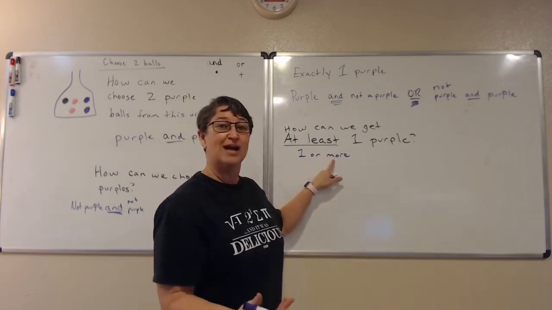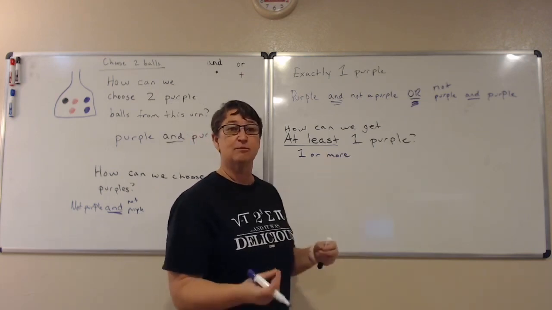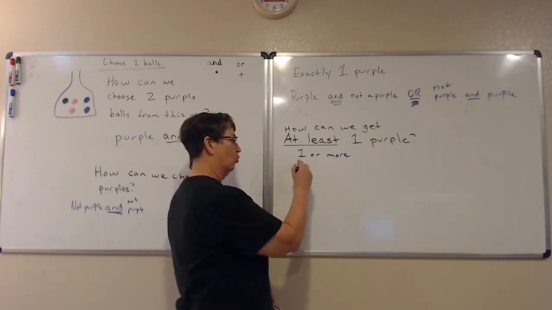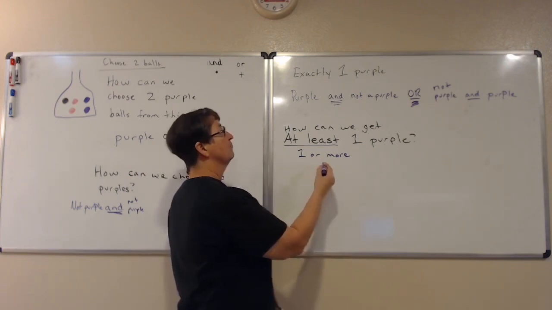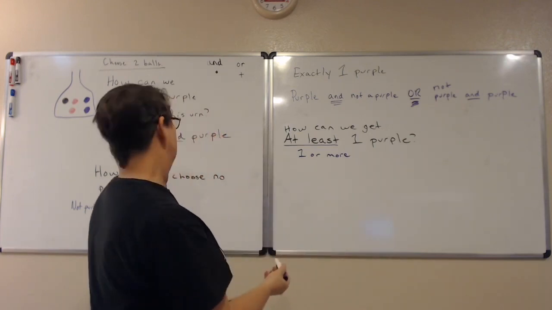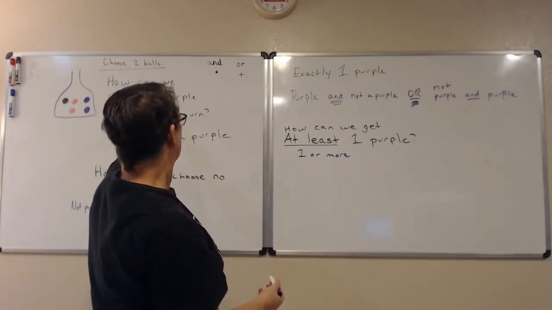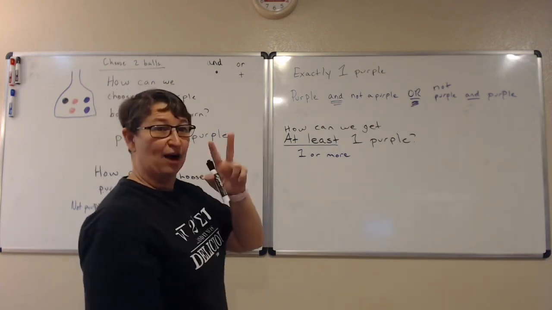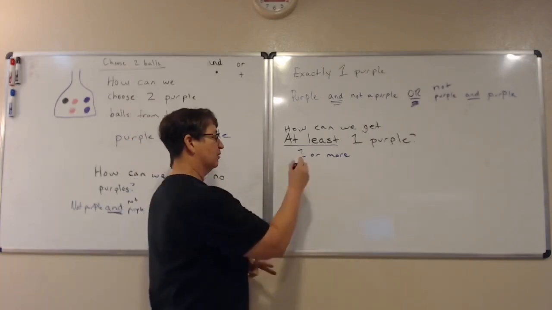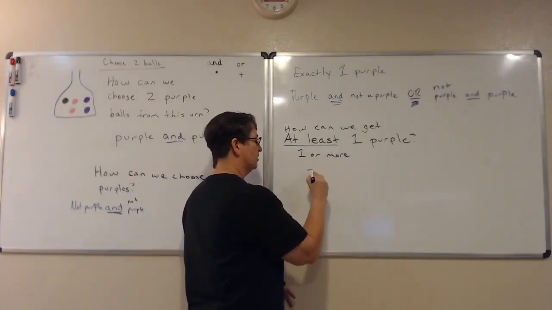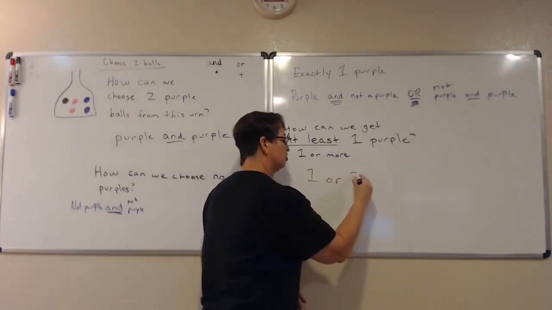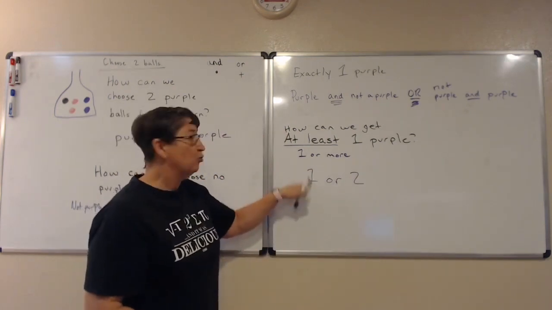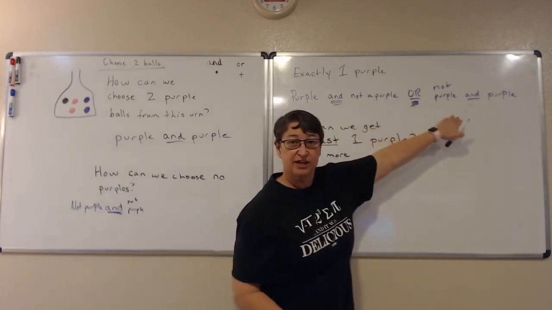And so when we're trying to find the probability of it, that's going to be super helpful. So it's going to be that 1, or in this case, the only other number that's bigger than 1 is 2, because we're only drawing out 2 from the urn. So it's going to be 1 or 2. Well, for 1, we had multiple different ways of getting that.